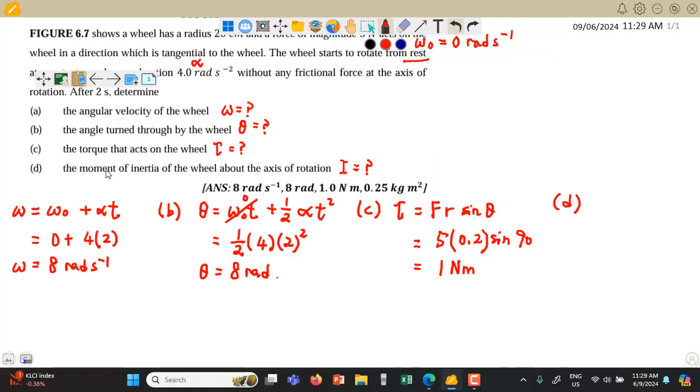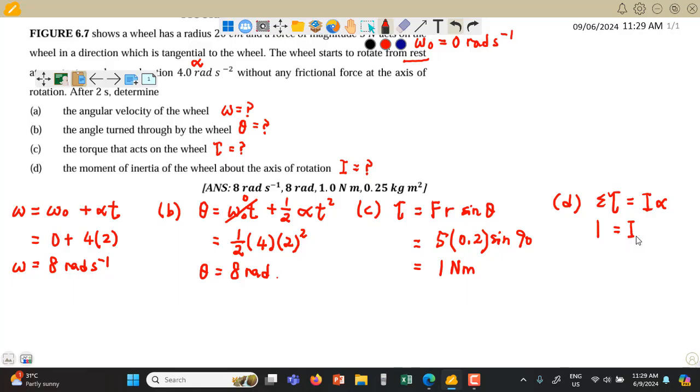Question D, we want to find the moment of inertia of the wheel about the axis of rotation. We might refer to Newton's second law for rotational motion. The summation of torque causes angular acceleration, whereby we have summation of torque equal to I alpha. The resultant torque here is due to the force applied, so the value will be 1 Newton meter.